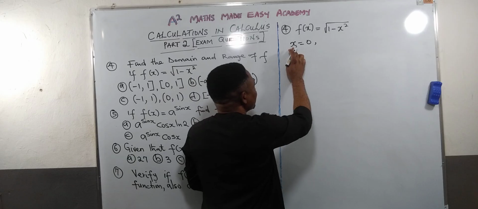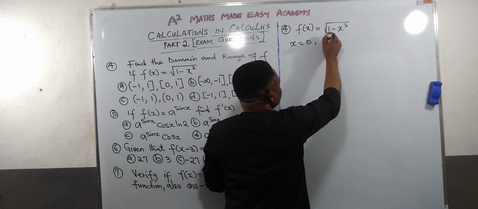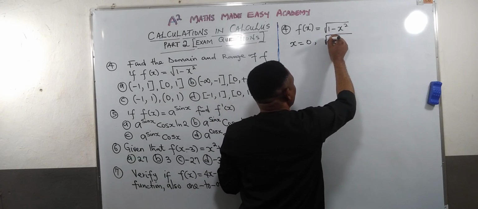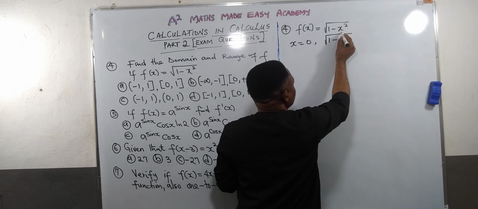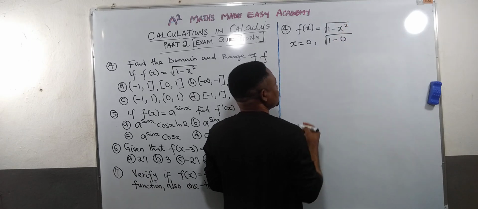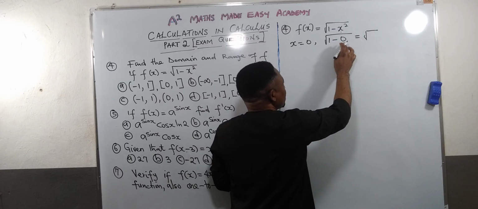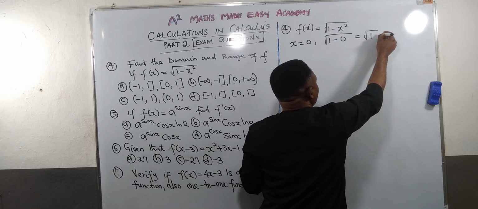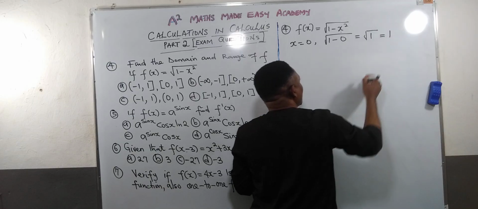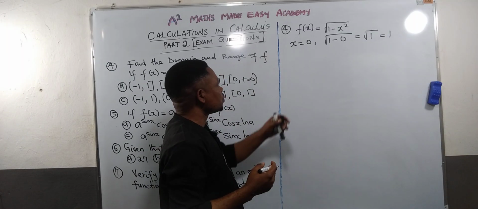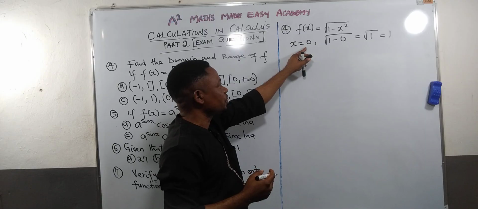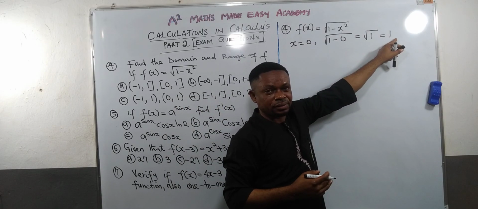Let x be equal to 0: the square root of 1 minus 0 squared, which is 0, so the square root of 1 minus 0 gives 1, and the square root of 1 is 1. It exists. So when the domain x is 0, the range is 1.